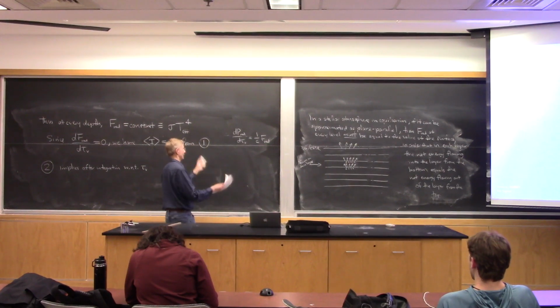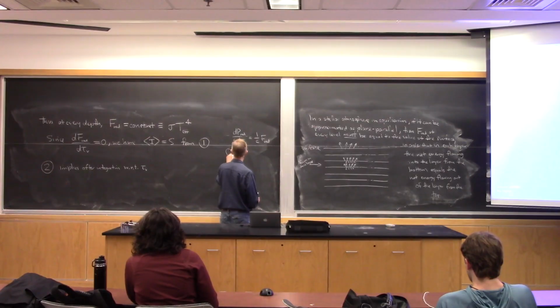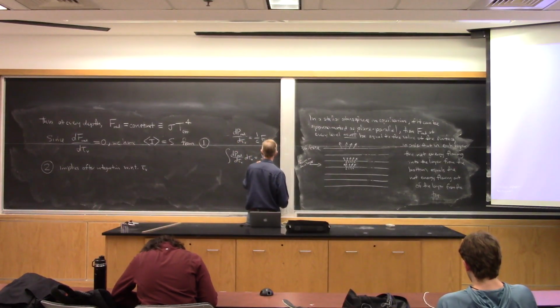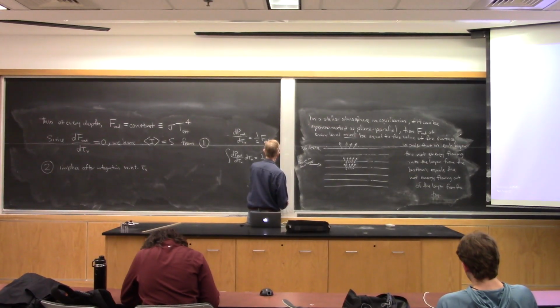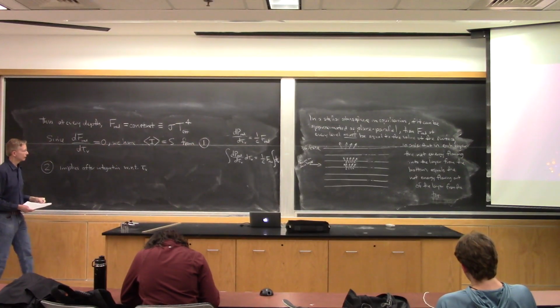But F rad is a constant, so let's integrate both sides. dP rad d tau v is 1 over c F rad. Integrate with respect to tau v, because F rad is constant, I get to pull it out of the integral.